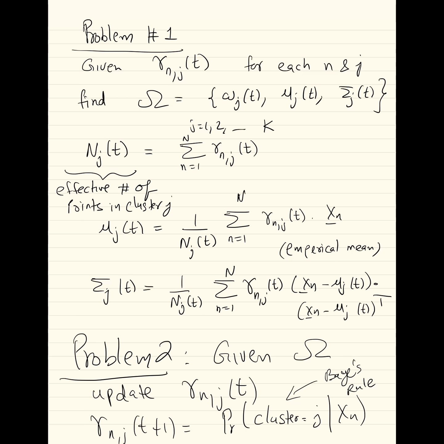So these fractions are nothing but the posterior probabilities. The probability that I see cluster 1 given xn, or I see cluster 2 given xn, and so on. So these are all positive values, they sum up to 1, and the fraction that point n belongs to cluster 1 is simply the posterior.